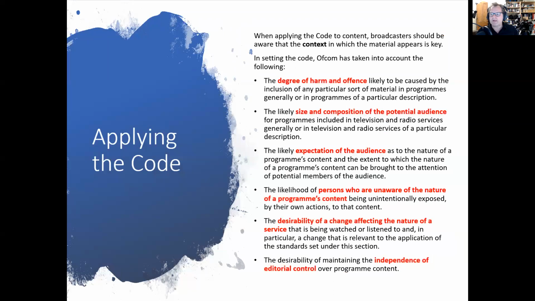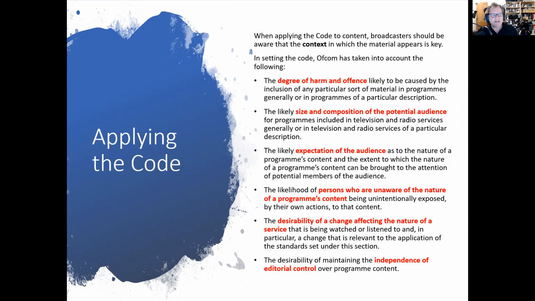They'll look at the expectations of the audience. If you're running a particular kind of urban music program late at night, then you might expect a certain style of content, but how that is signaled to the audience is important. We'll cover this in a bit more detail later.